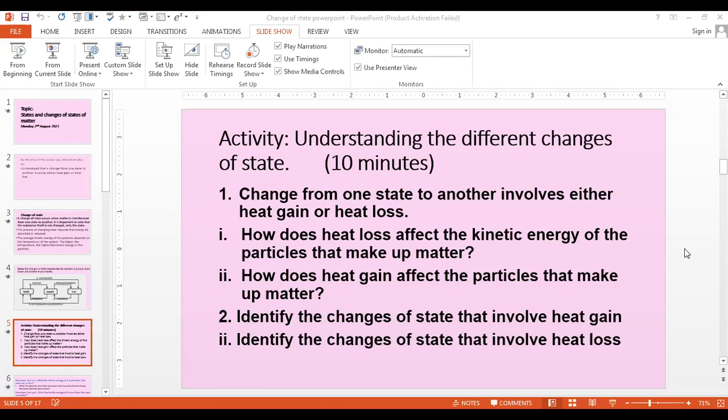Then the changes of state that involve heat gain, I think we have melting, evaporation, and then the changes of state that involve heat loss, I guess it's condensation and freezing.